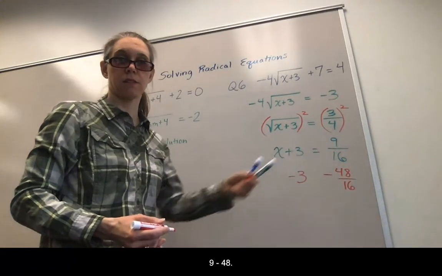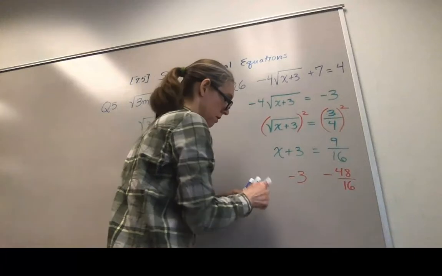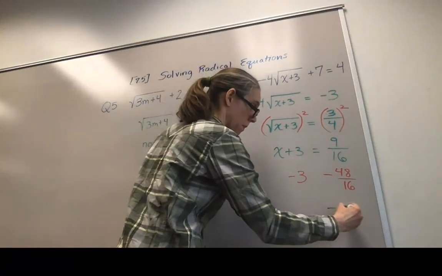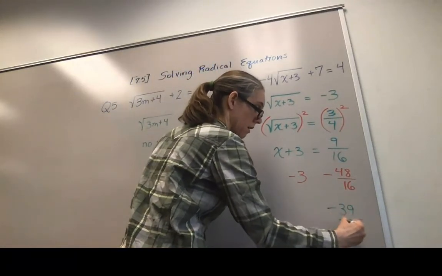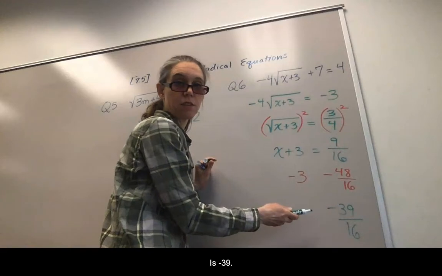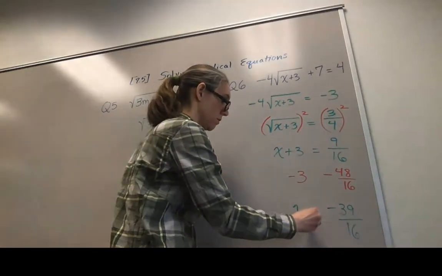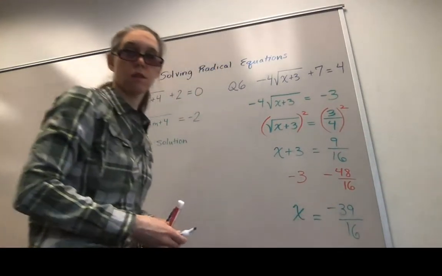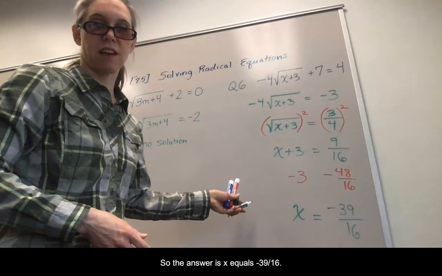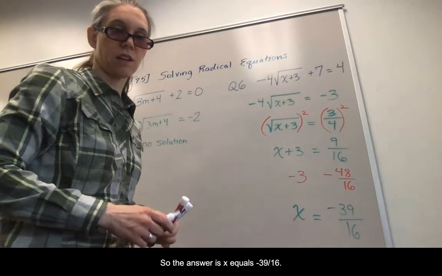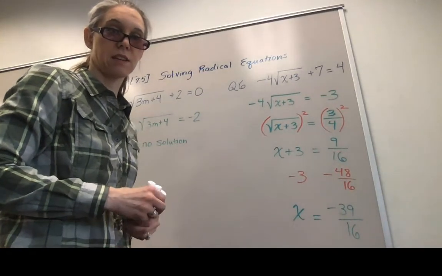Nine minus 48 is negative 39. So the answer is x equals negative 39 over 16.